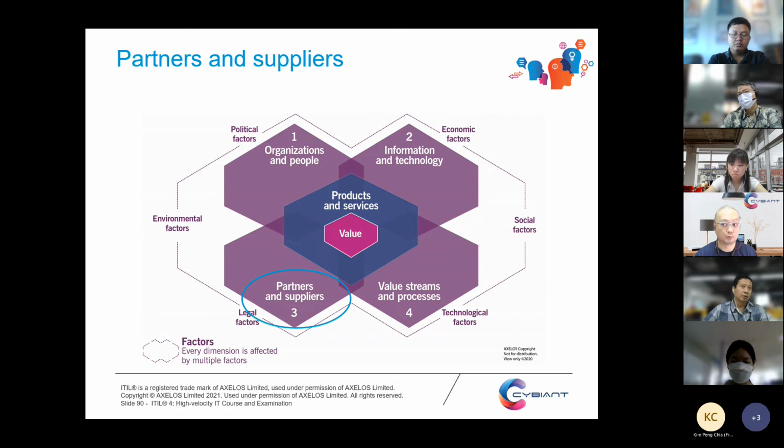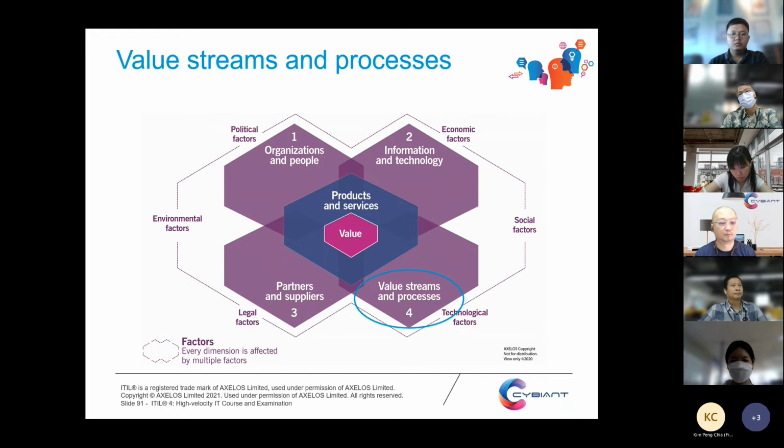A supplier will do what? A supplier will provide a product for us. Partner, we grow together with them. Absolutely, and align with you. Your partner will align with you. So if BCA says, hey, I want to do this, your partner will say, hey, I want to do this as well, together with you. So there's a difference between the two.